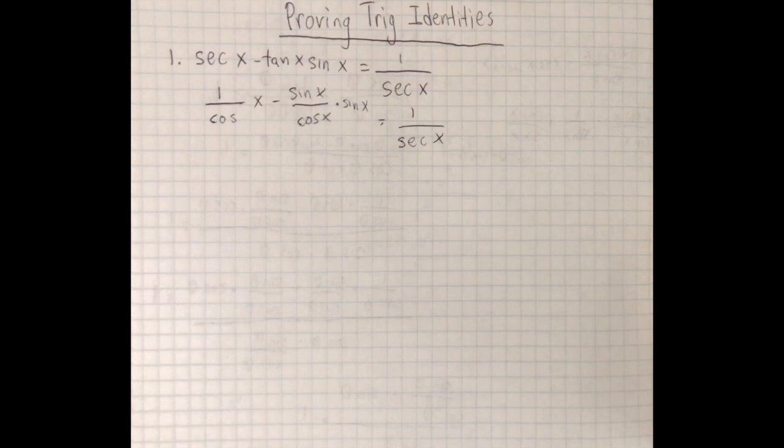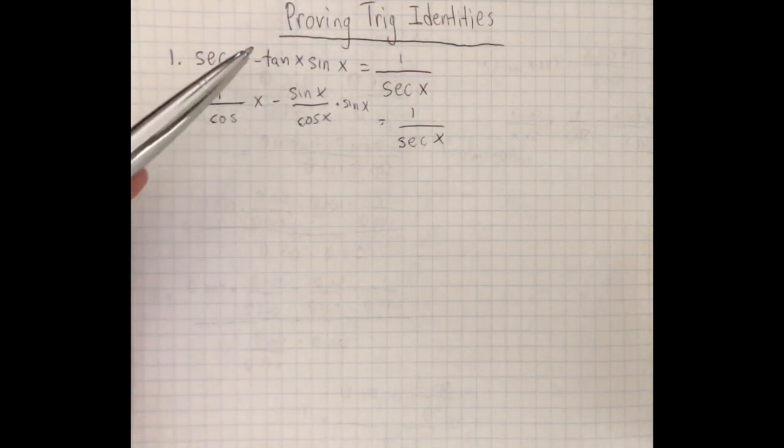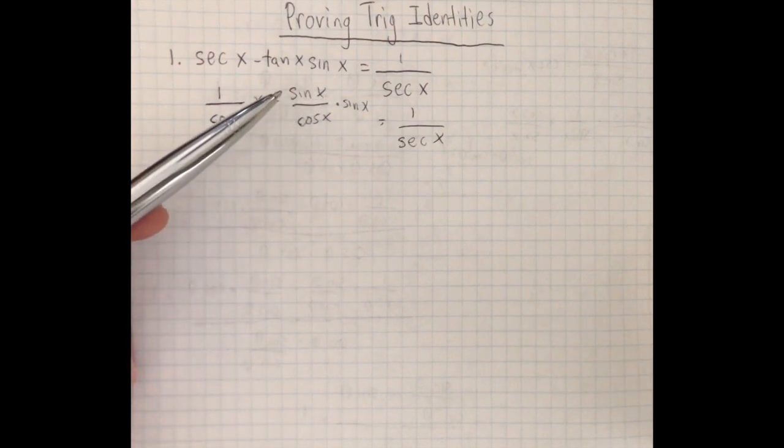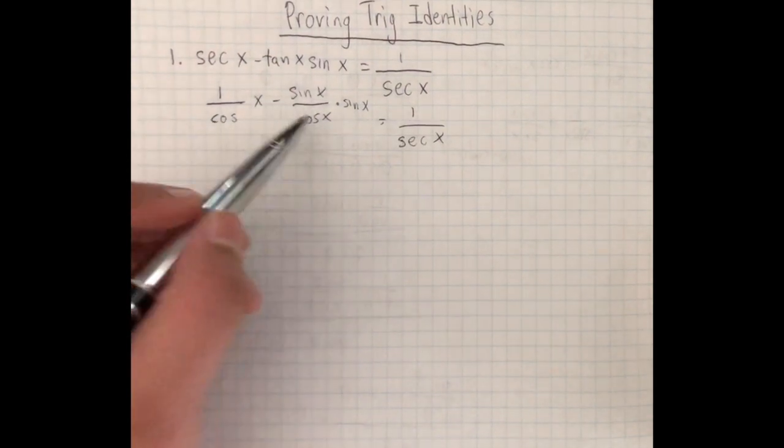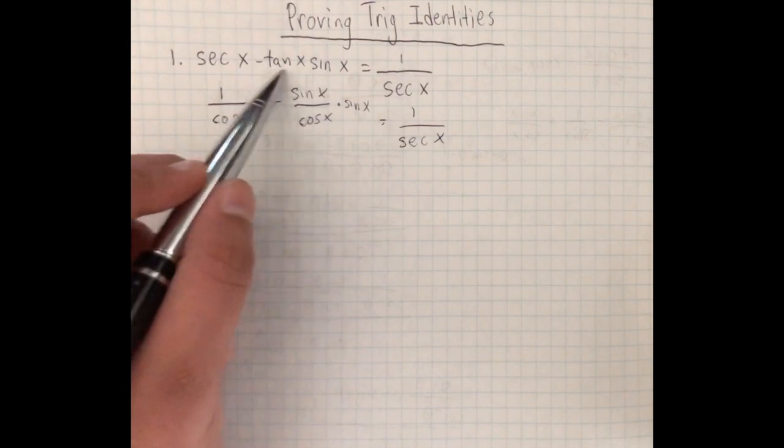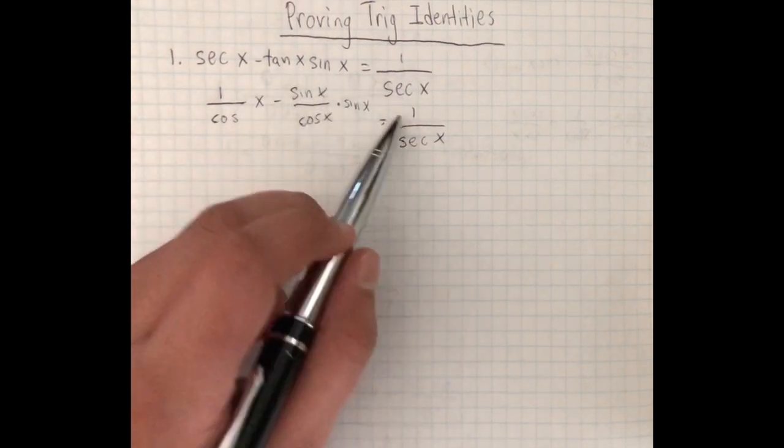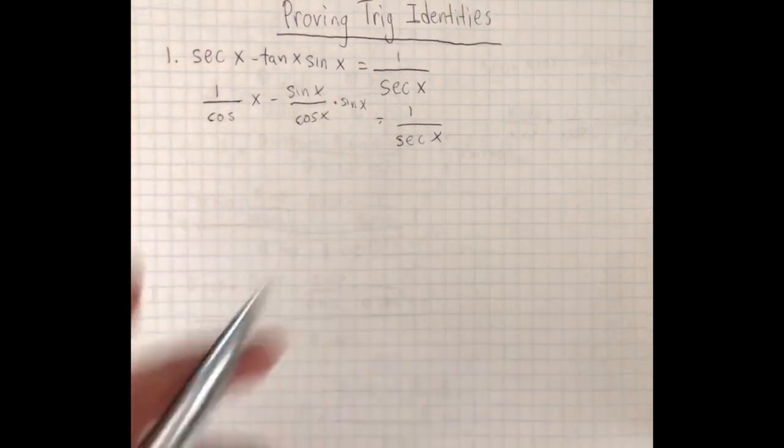So we wrote the secant x as 1 over cosine x, and the tan x we wrote as sine x divided by cosine x, and then times the sine x is equal to 1 divided by secant x.